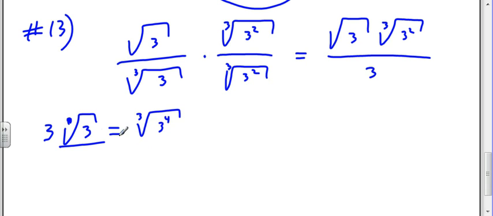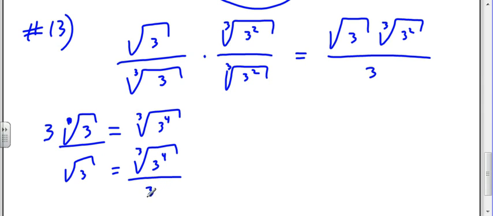So the square root of 3 is equal to the cube root of 3 to the 4th over 3.